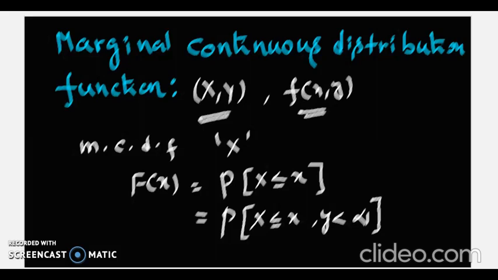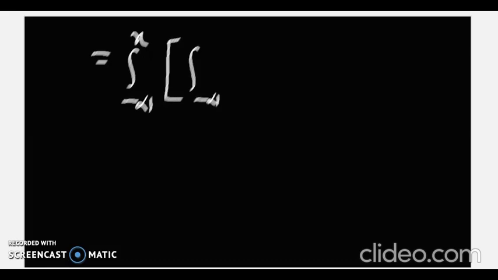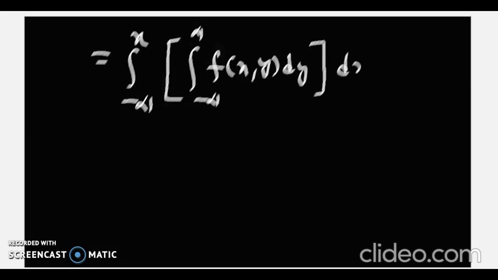Here we write the integral from minus infinity to x in the x plane, and in the y plane from minus infinity to plus infinity, of f of x comma y dy dx. This is the marginal distribution function of x.